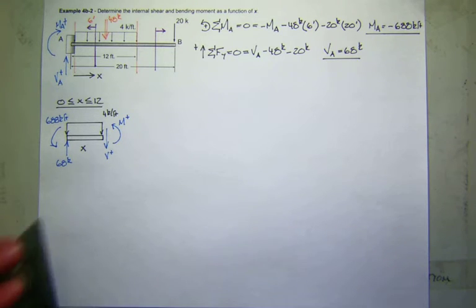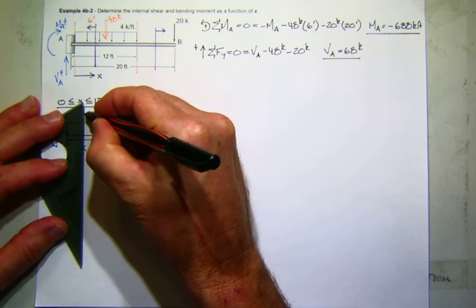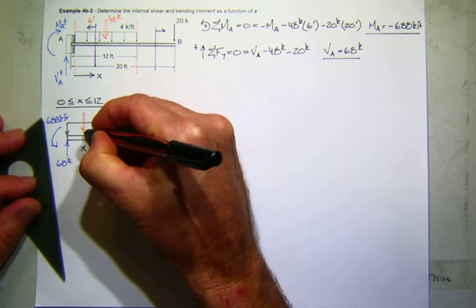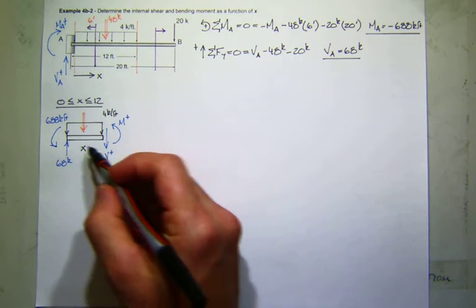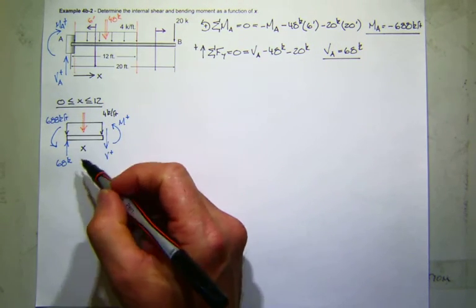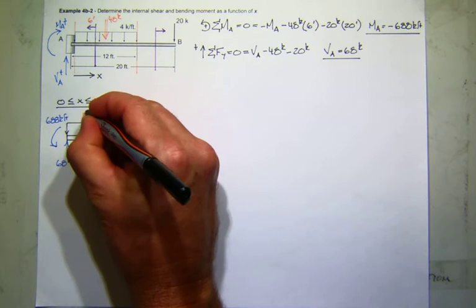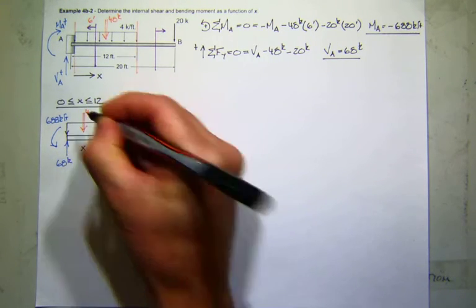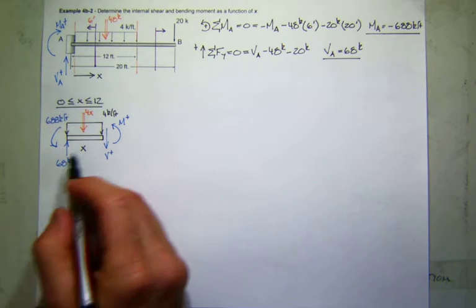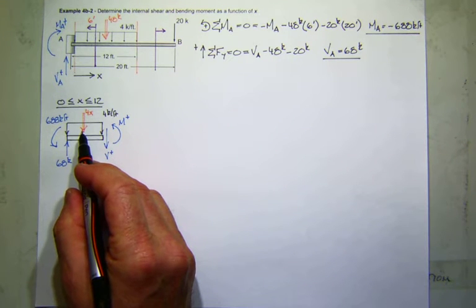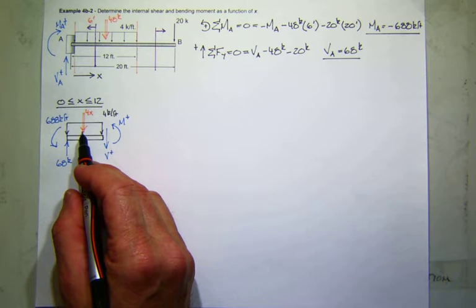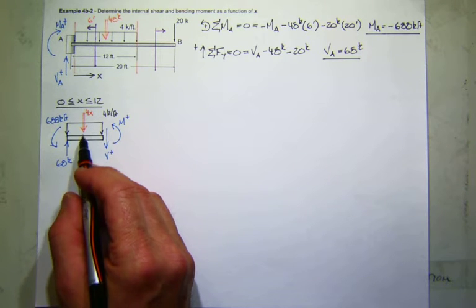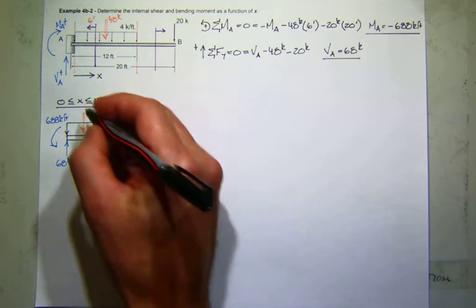So what's the concentrated equivalent of that distributed load? It's a rectangle, so it's just base times height. Base is x, height is 4, so that'll be 4x. What's the distance from the cut to the centroid of the force, the centroid of a rectangle? Half the distance, so that should be x over 2.